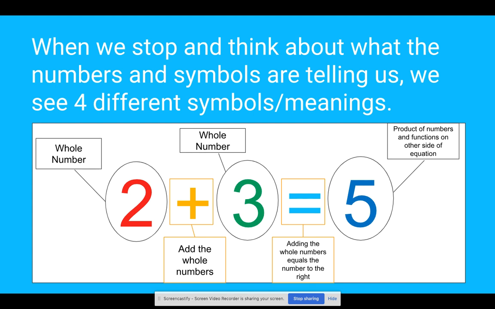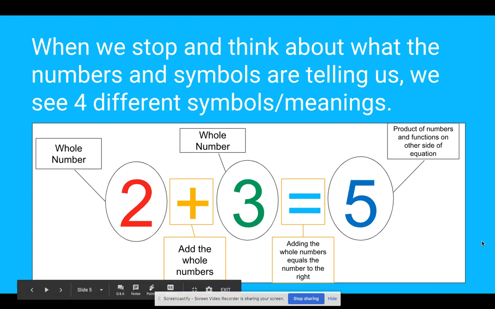We have the equal sign, which tells us that when we follow the process of adding the two whole numbers, we will then get the product of those numbers, which is on the right side of the equation. And then the fact that this 5 is here and on this side of the equation tells us that it's a product of these numbers. So the placement of this number after the equal sign is also something that we have to understand.